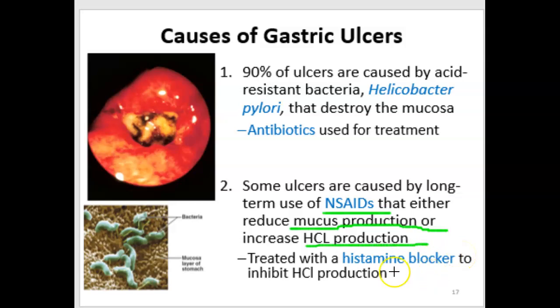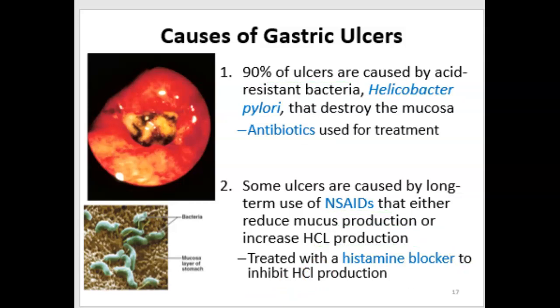But these are easily treatable. You can treat them with a histamine blocker, and I'm going to show you why that matters. Histamine will stimulate hydrochloric acid production. But how would you treat 90% of the ulcers? Well, you'd treat for the presence of that bacteria, and so you would give an antibiotic. That's what would work.